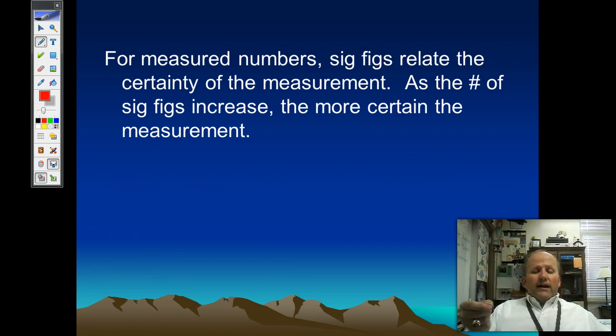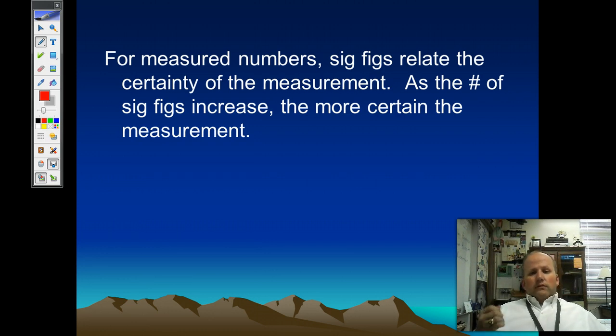Well, if we had used a better, more expensive piece of equipment, then we can pay for more significant figures. There are more numbers that we can know for certain.